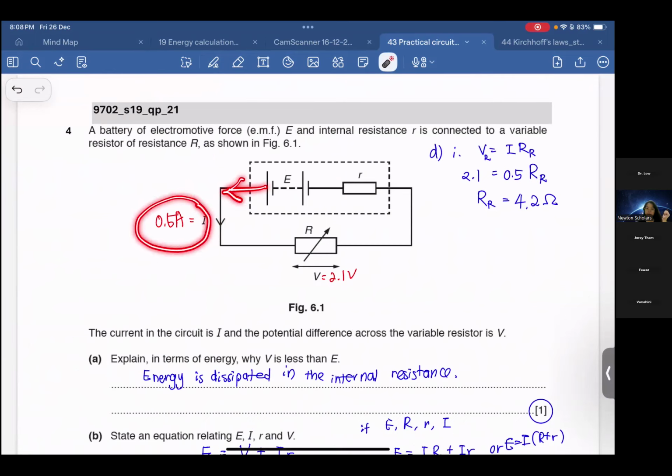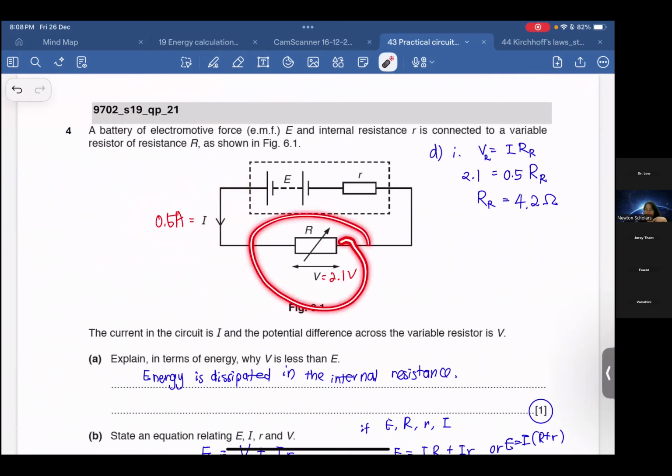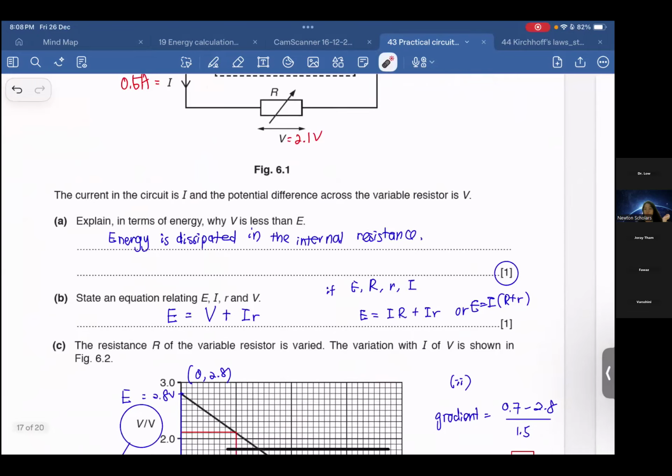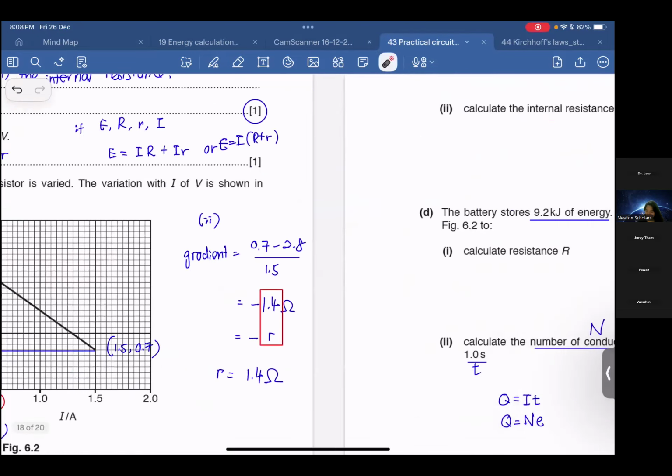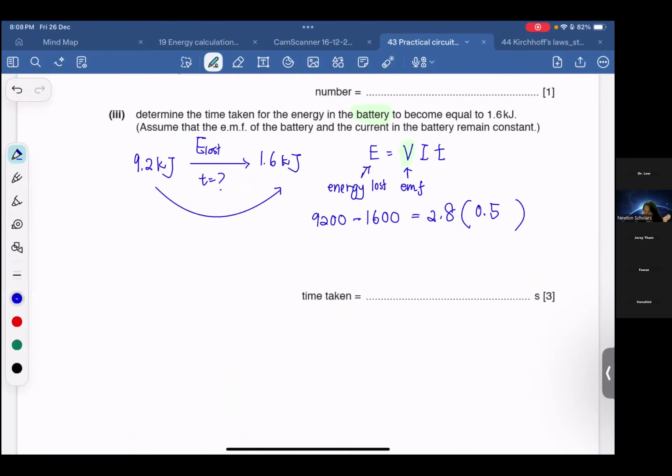Also 0.5. Because this is a series circuit, it's still 0.5 in the battery. So this one should be 0.5. So how long is the time T? This is your answer.